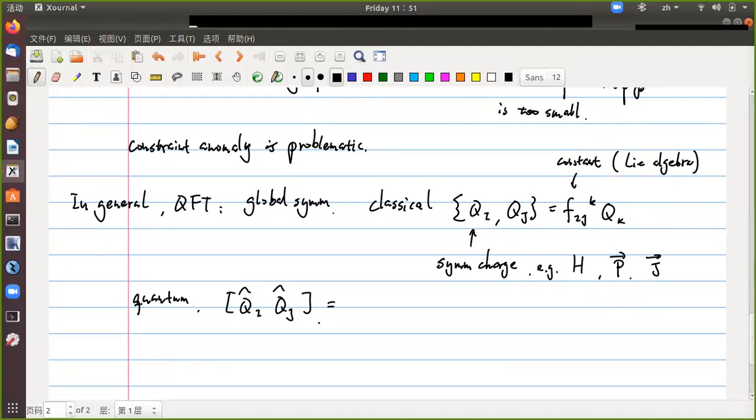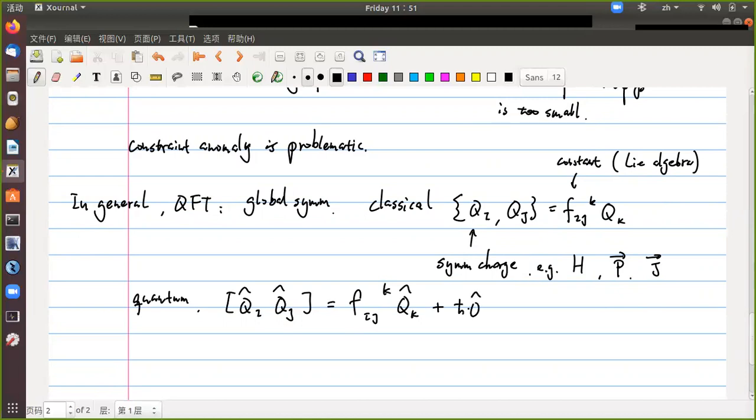In some ideal, optimistic case, you still get this kind of symmetry algebra at the quantum level. But in general, it's not always true.